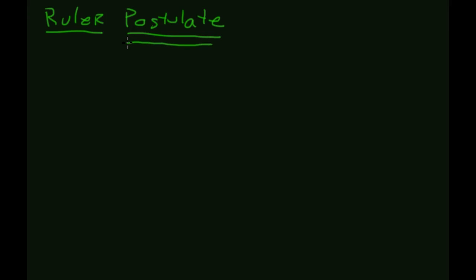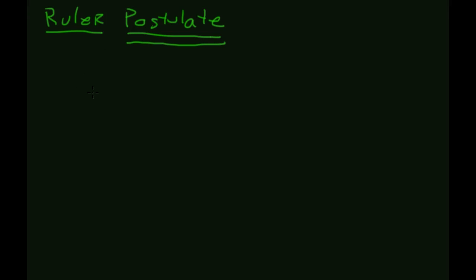Okay, so in geometry, it's not sufficient just to have objects, but we have to have ways of measuring those objects. So we establish what is called the ruler postulate in Euclidean geometry. A postulate, first of all, is a mathematical statement that we can't prove and we don't try to.